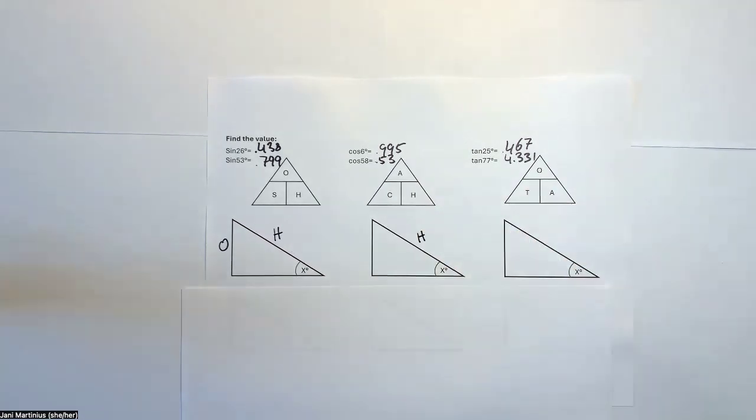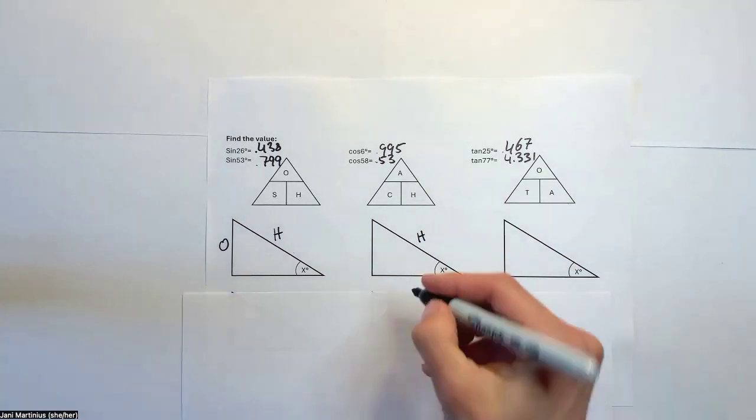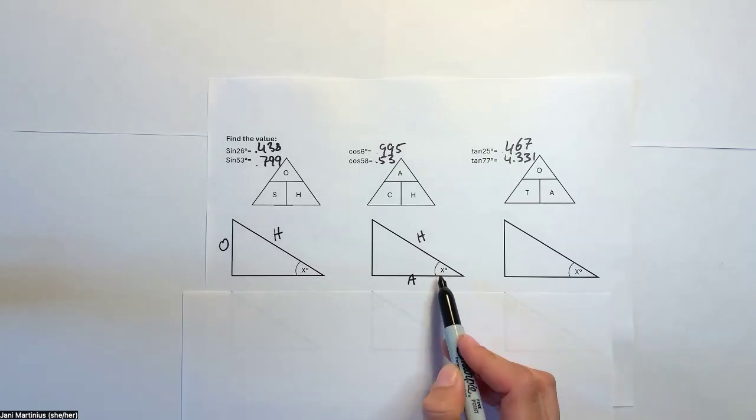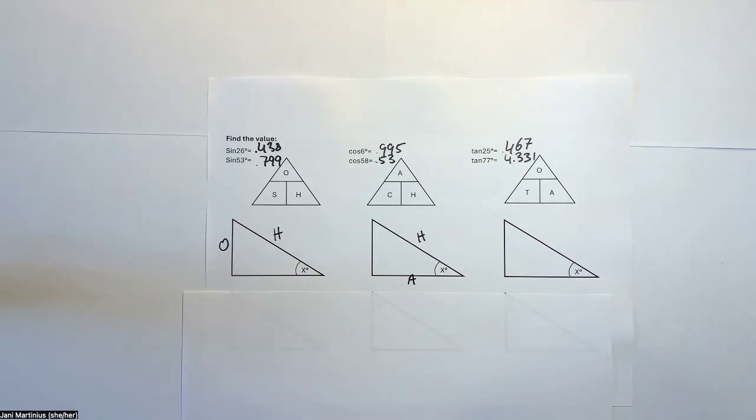Hypotenuse is easy, always the longest one, and the adjacent is always the side right next to the angle. Adjacent is right next to the angle, opposite is across from it. So SO and CAH are easy to determine because we are using the hypotenuse. That is a first step and a really easy indicator.